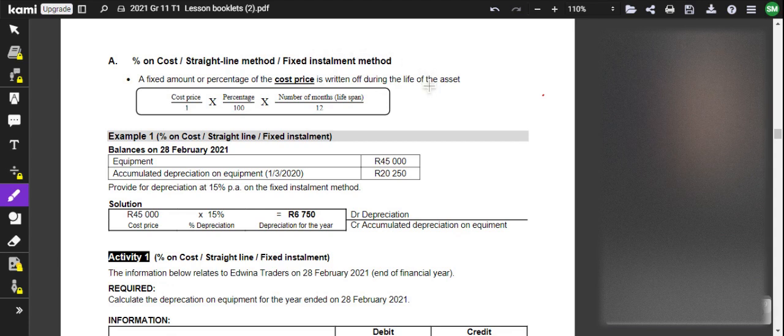Another formula, this is if you're given the useful life, but you're not given the percentage on cost to calculate depreciation. You would have your cost price, and then you would divide that by your useful life.